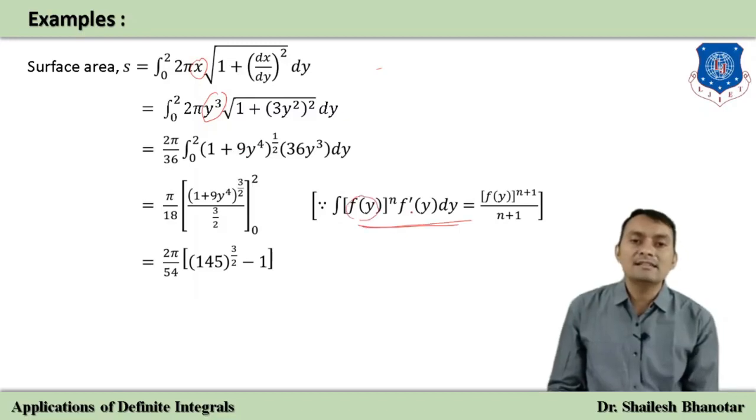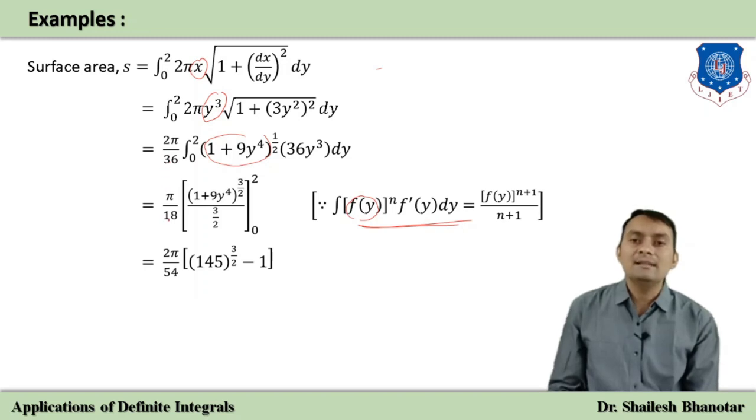The derivative of this function is nothing but exactly a multiple of that. So I can say f(x) raised to n plus 1 divided by n plus 1. So the derivative will be 36y cubed, and 36 is not there, which means I have to divide by 36. So I have just multiplied as well as divided by that.